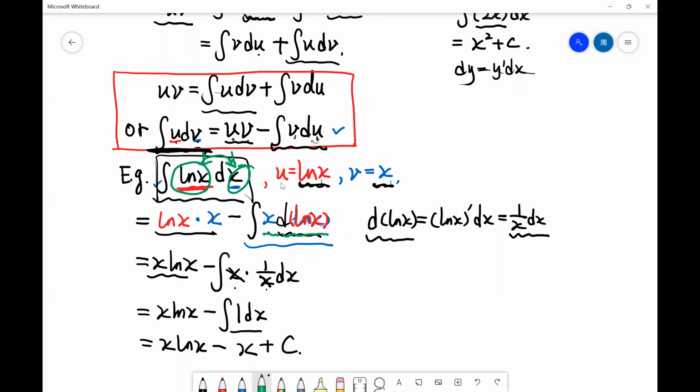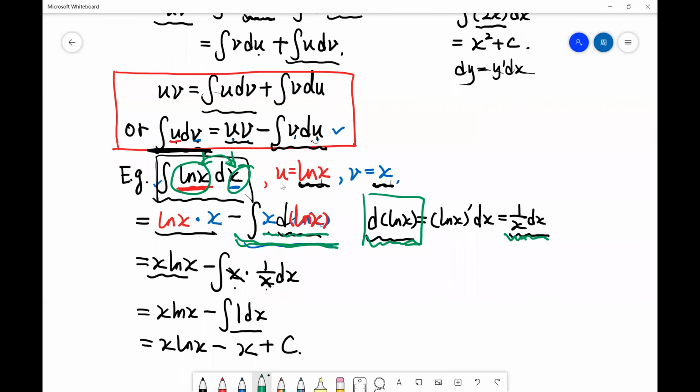Yes, we just change the places of these two functions. And then we calculate this indefinite integral, right? And for this indefinite integral, we should first make it clear what d ln x is. d ln x equals ln x prime dx. And we use the formula ln x prime equals 1 by x, right? So that equals 1 by x dx.